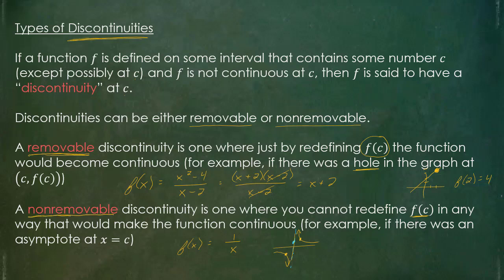Hence, that's why we call that non-removable. I could not ever connect those two things, even if I defined, in this case, f of 0 to equal some number like 1, which is close to where I plotted this example point. Even if I defined it there, there's still no way that would connect those two sides of the graph.